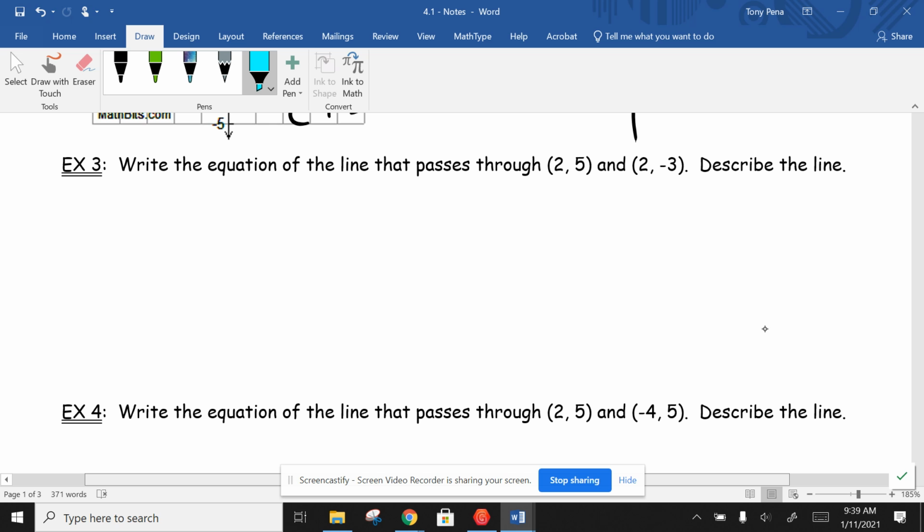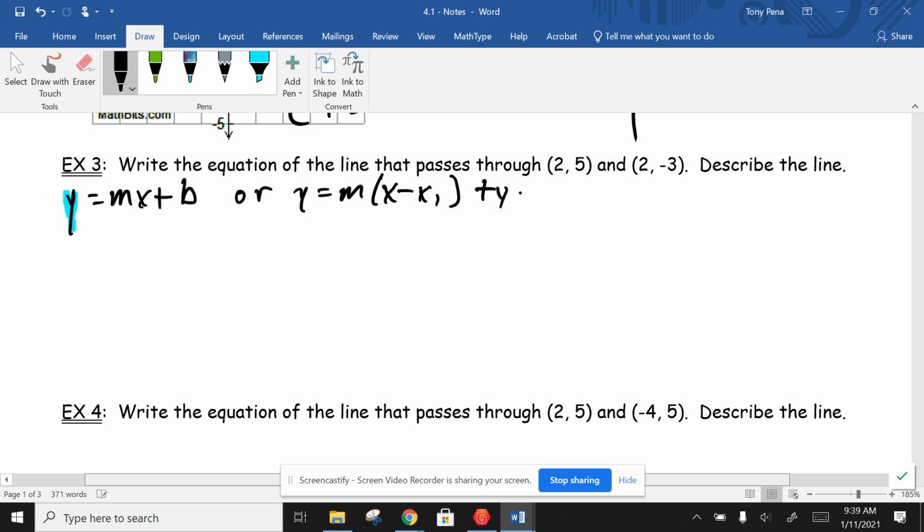So in order to do this, no matter which form we were to pick, whether I do slope-intercept form or point-slope form, the thing that you always have to have to write the equation of a line is our slope. Both of them require us to know the slope of our line.